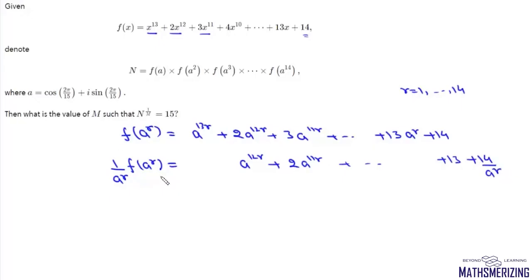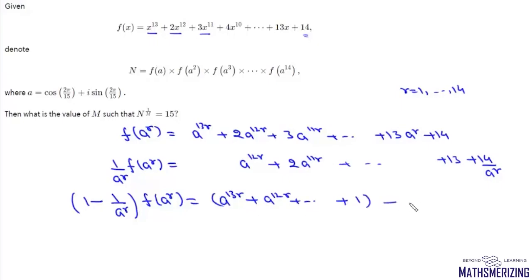Now we'll subtract this second series from first. We'll write 1 minus 1 upon a to the power r into f(a to the power r) will be equal to a to the power 13r, a to the power 12r up to 1 minus 14 upon a to the power r.